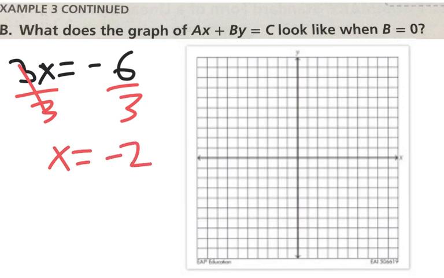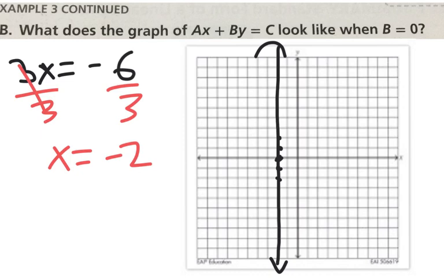You go a negative 2 over x and draw 1, then. So here, this is the point negative 2, 0. Here's the point negative 2, 1, negative 2, 2, negative 2, negative 1, negative 2, negative 2. All of these points have an x value of negative 2. So that's the line x equals negative 2.